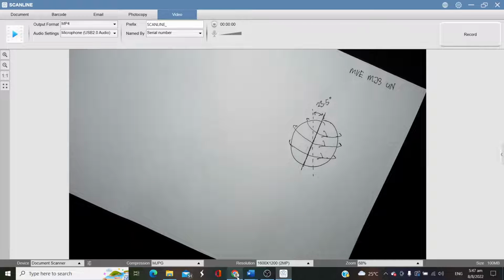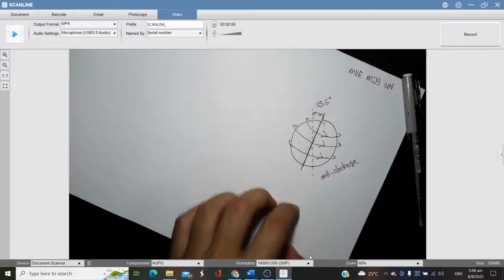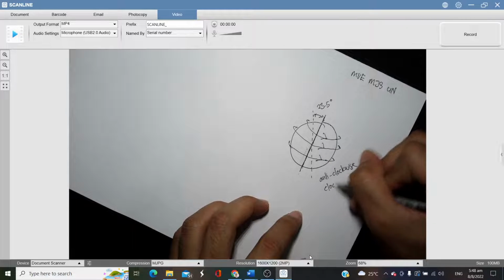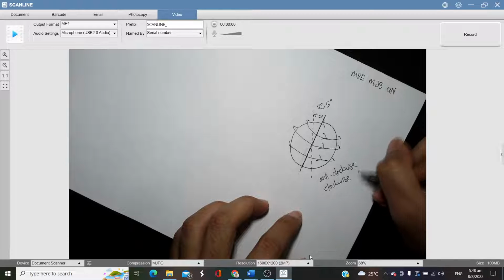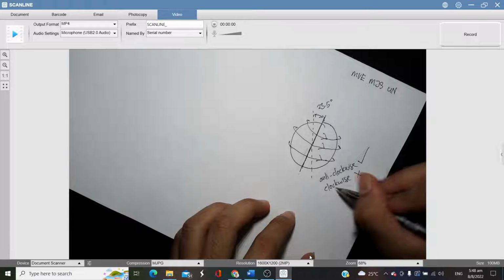Okay, let's look at the textbook. I just said about it. Anti-clockwise. Always remember this anti-clockwise.